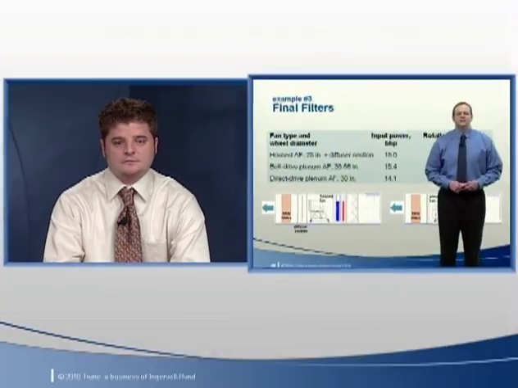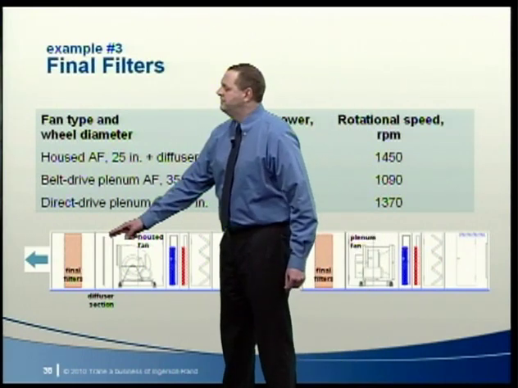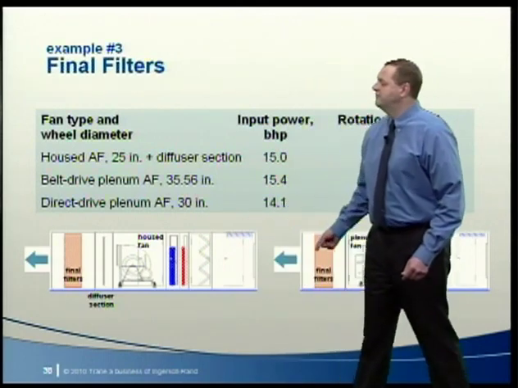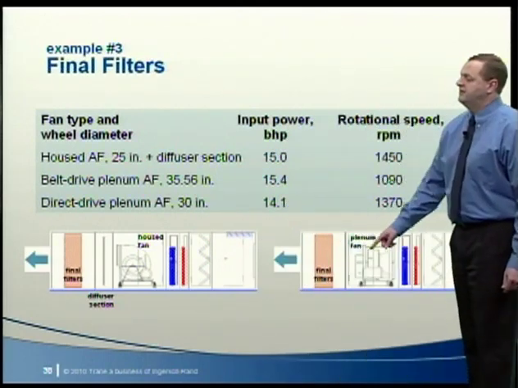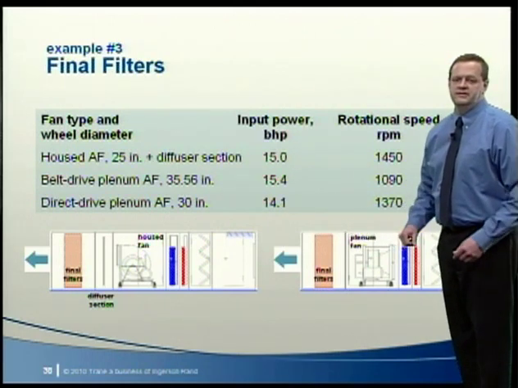In some applications, final filters are included as the last section in the air handling unit. When a housed fan is used, a diffuser section must be added downstream to provide even airflow through these final filters. This is not a requirement for the plenum fan since it pressurizes the surrounding plenum and provides even airflow through the filters with minimal downstream distance.